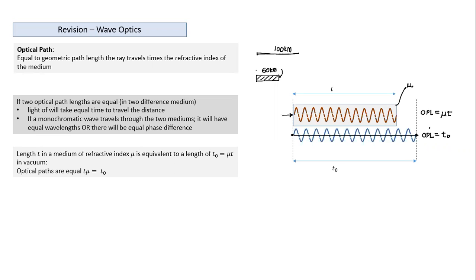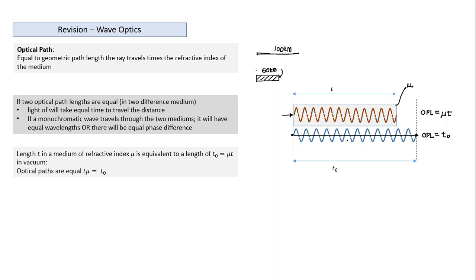So what this is saying is that if optical path lengths are equal, a length t in a medium having refractive index mu is equal to a length of mu t in vacuum. Optically, this length is equivalent to length mu t in vacuum.